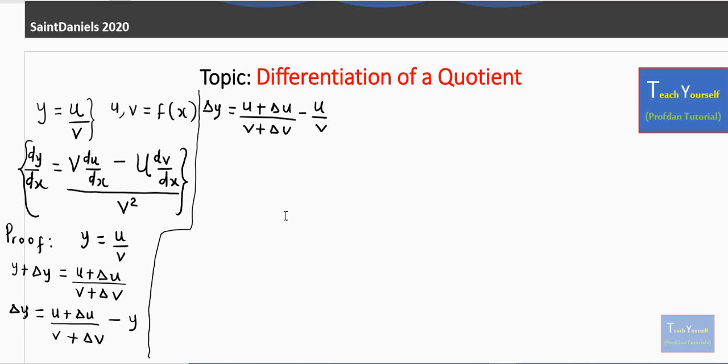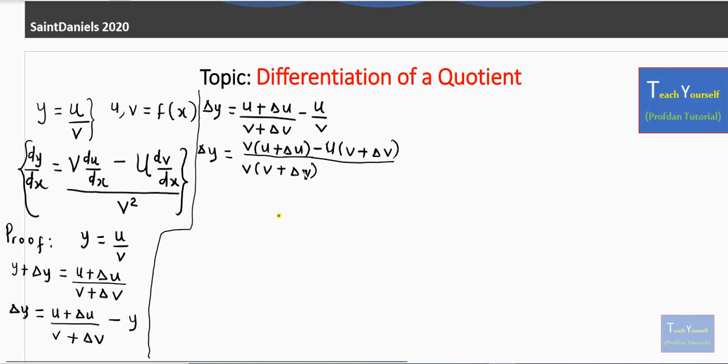So what we are trying to do here is to simplify. Simplifying further, we can make this become one single fraction by taking the LCM, v into v plus change in v, the denominator, and we'll be left with v into u plus change in u, minus, when v divides the denominator, we'll be left with the u, into v plus change in v.